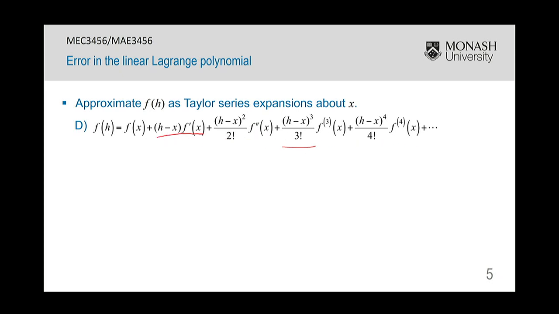And again, we note that the polynomial, our straight line, p of h can also be written as p of h is equal to p of x plus h minus x times p dashed of x. And again, remember, p dashed of x is just the slope of the straight line. Very easy to convince yourself that this is true.